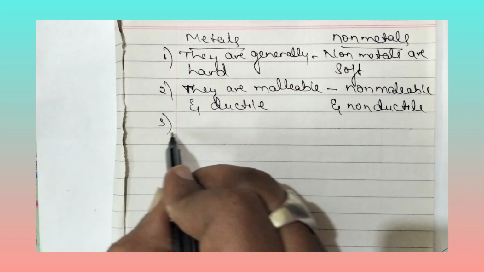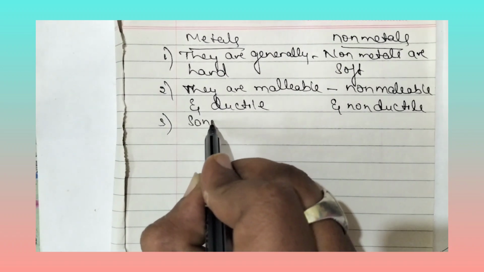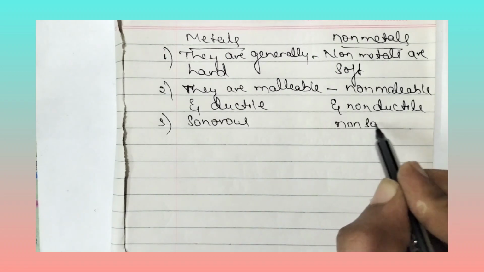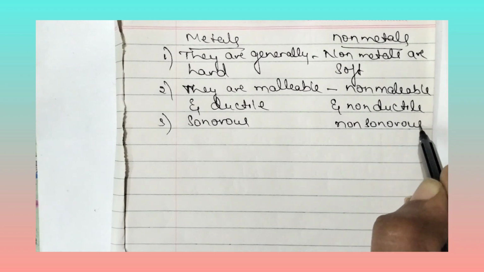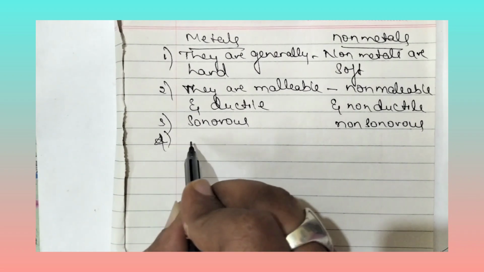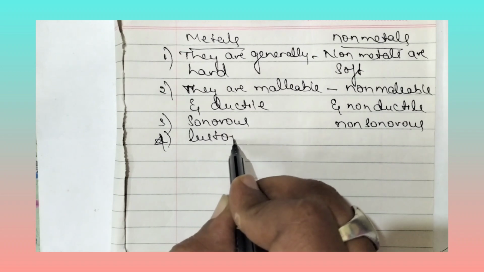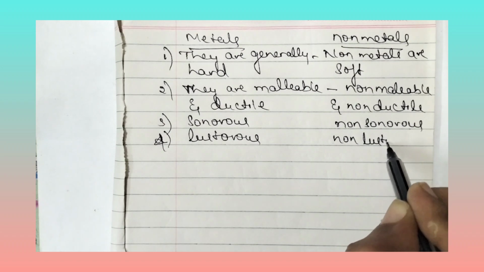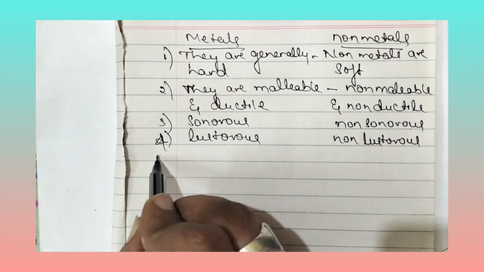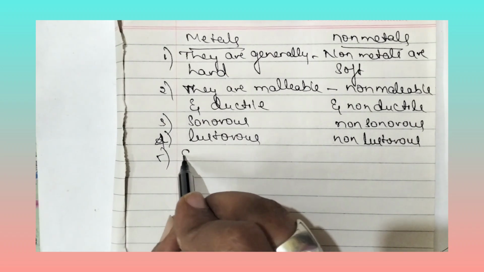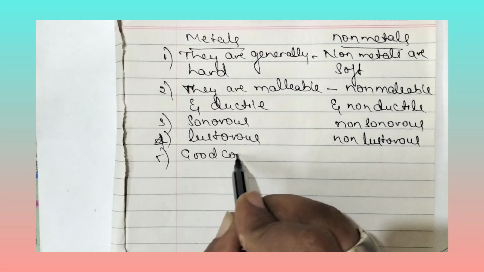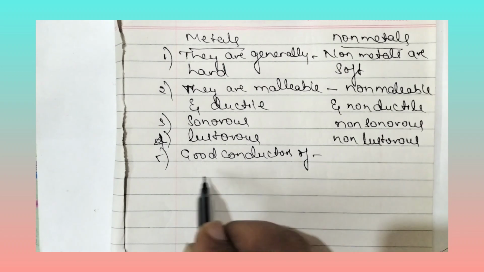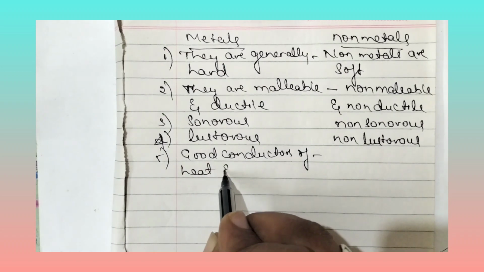Then third one, metals are sonorous. Non-metals are non-sonorous. Metals are lustrous. Non-metals are non-lustrous. Then metals are good conductors of heat and electricity.